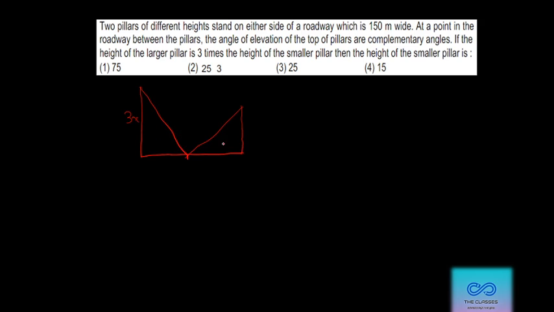Supposing the smaller one as x, the other will be 3x, because it is 3 times the height of the smaller pillar, and the distance is 150 meters wide. Suppose we are assuming this angle is theta, then this will be pi by 2 minus theta. This will be theta, so again this will be pi by 2 minus theta. This distance will be 75 and 75.